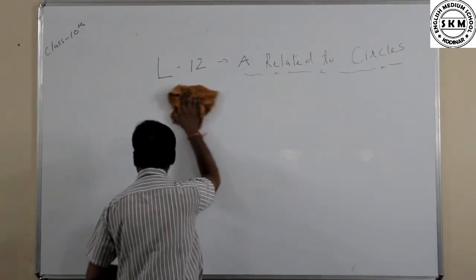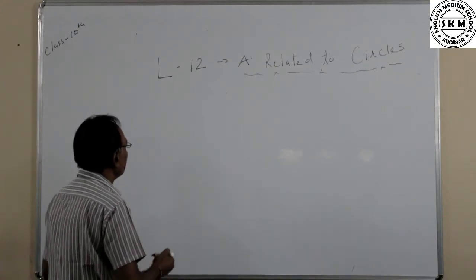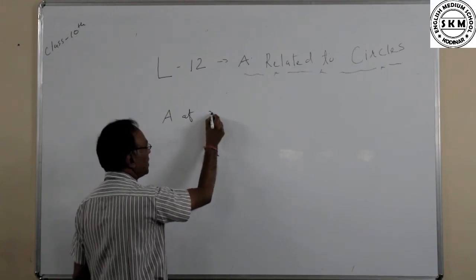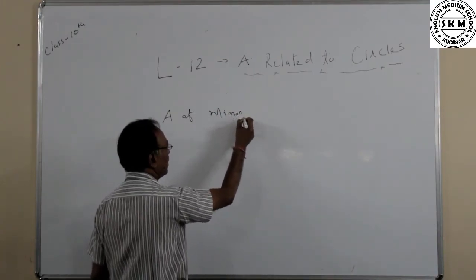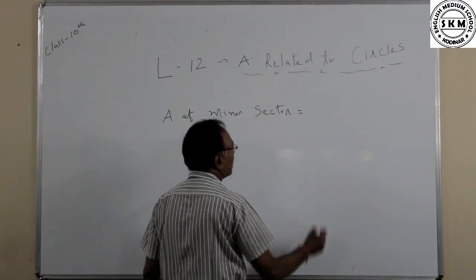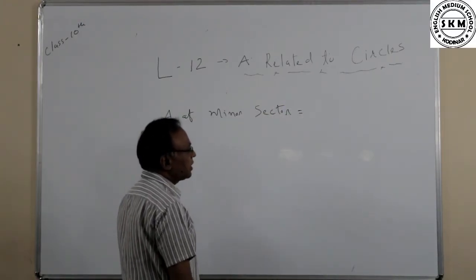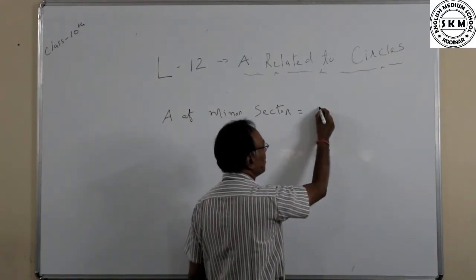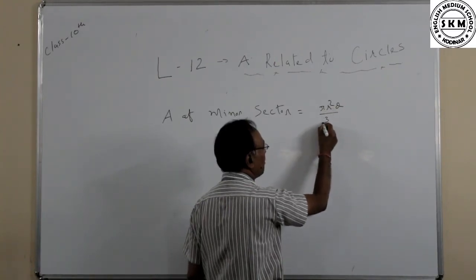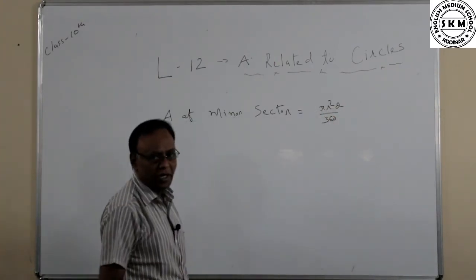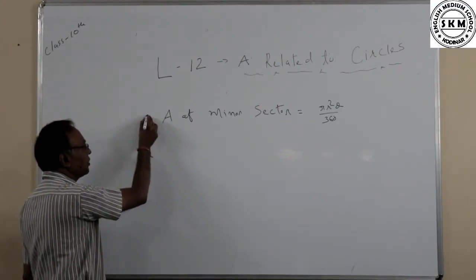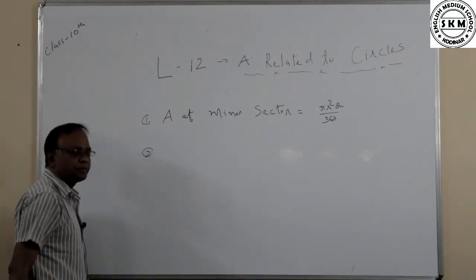Now A means the area of, first I say the minor sector, is equal to pi r square theta upon 360. Pi r square theta upon 360. It is your first formula.